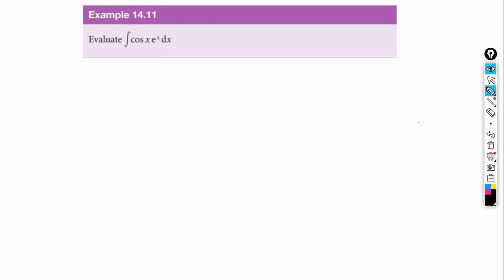Okay, so now we're going to do example 14.11, where it says evaluate the integral of cosine of x times e to the x dx. So here we're going to make u equal to e to the x, and then the derivative of u will simply be e to the x dx. And then we'll say that derivative of v is cosine of x dx. Therefore, v, the integration of this, is simply going to be sine of x.